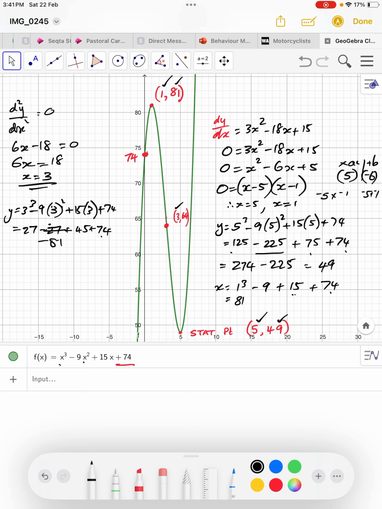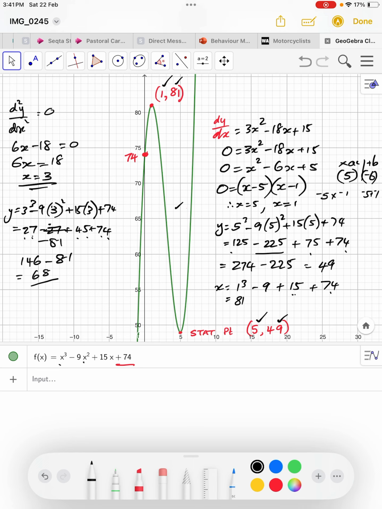So we've got 119, 139, 146 minus 81, and we've got 65. It's actually happening not at 64. It's actually happening at 65.